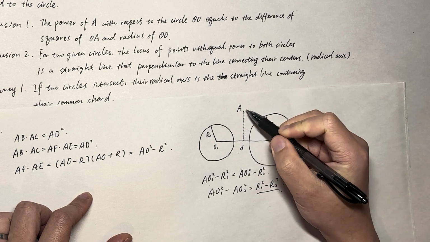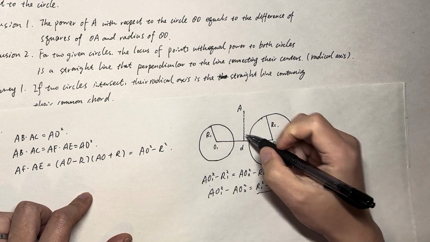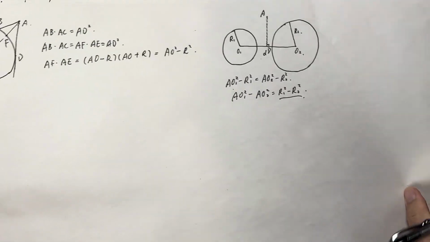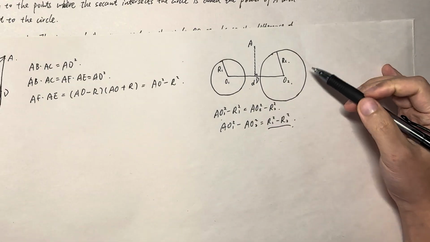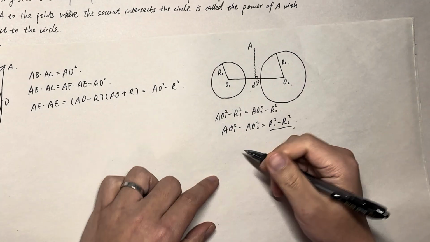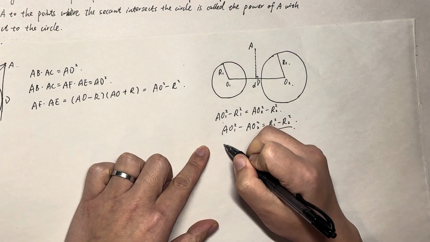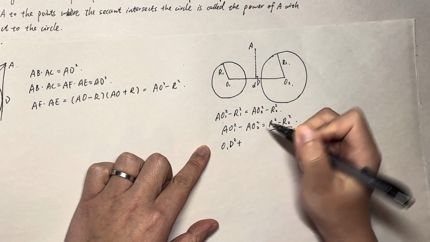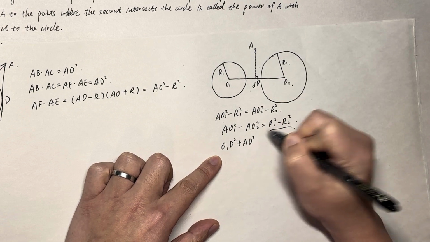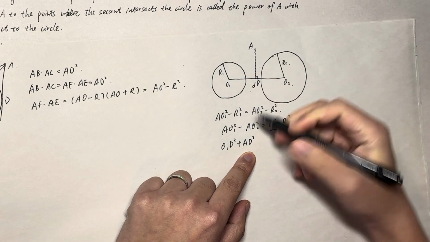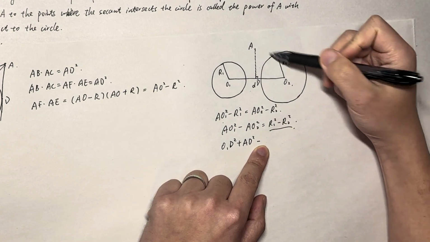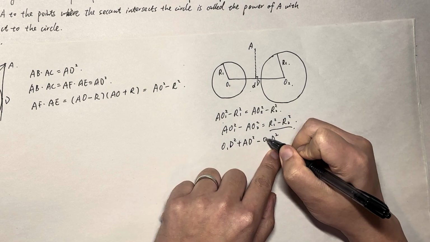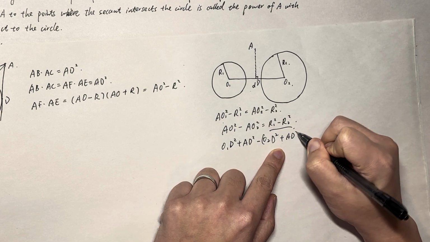So let's find the projection of A onto O1O2, call it D, right? So what is AO1 squared? AO1 squared can be rewritten as O1D squared plus AD squared, right? Similarly AO2 squared is O2D squared plus AD squared.